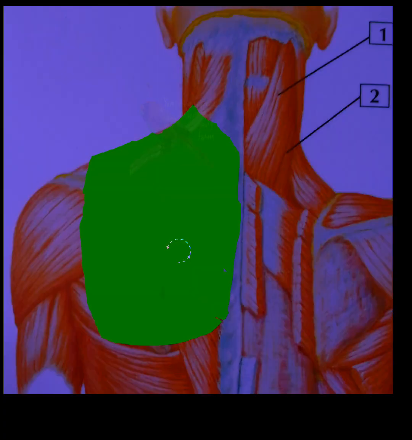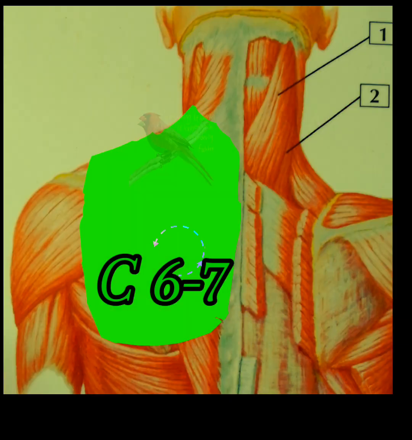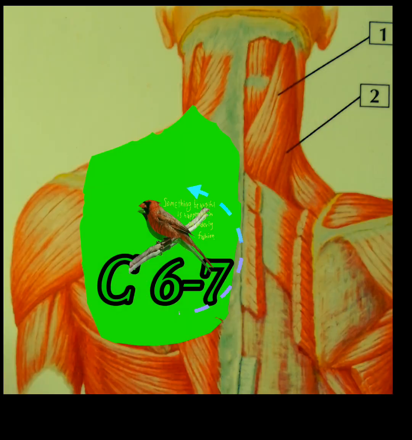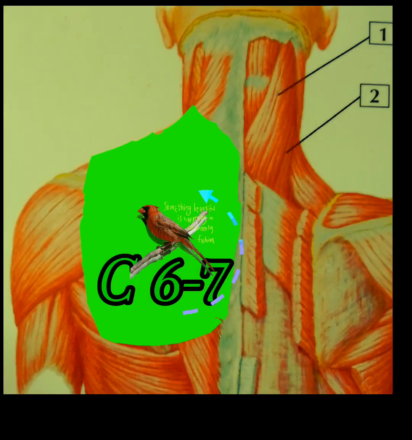Pain from the C6-7 level shares a similar focal point with C5-6 at the junction of the neck and shoulder girdle, but differed in its spread direction. Typically, it extended inferiorly and medially into or around the central or medial aspect of the scapulae.